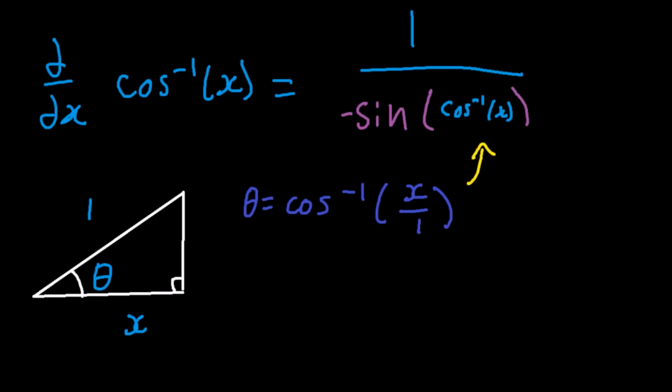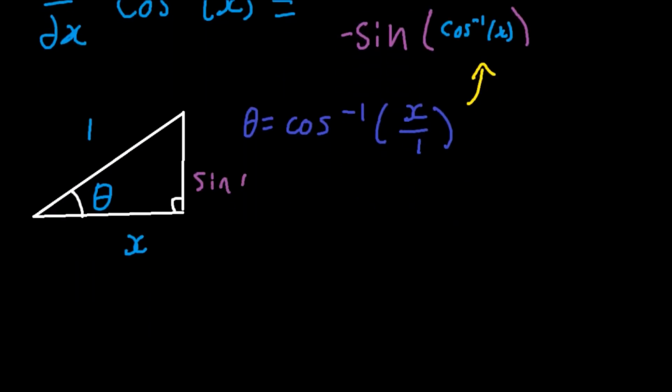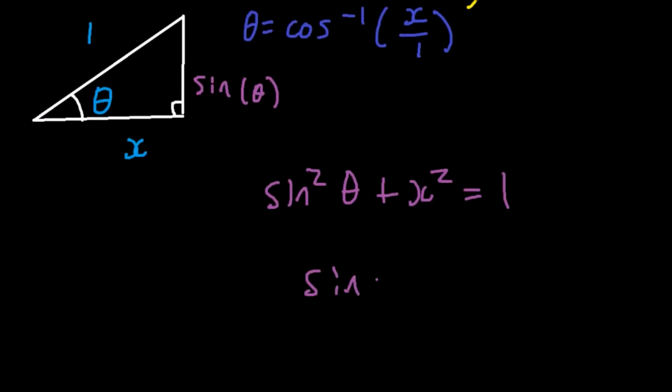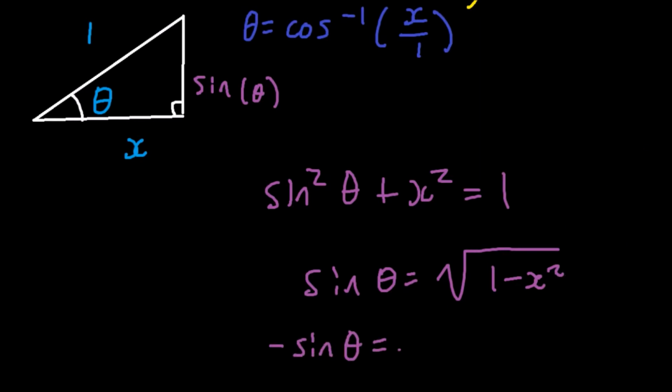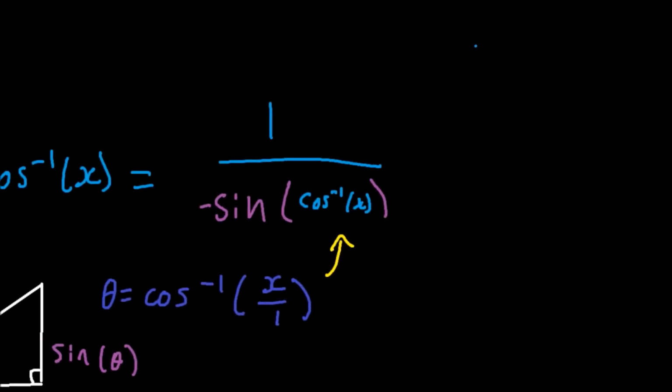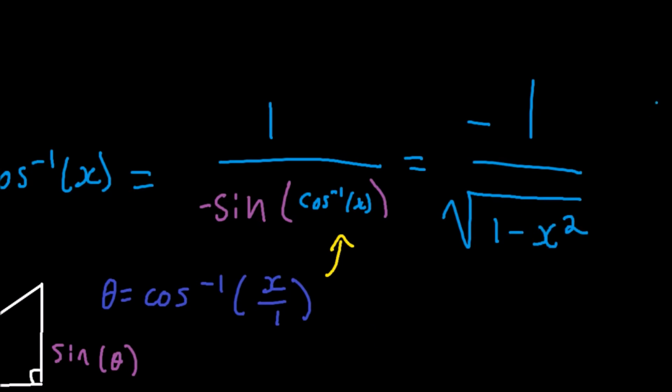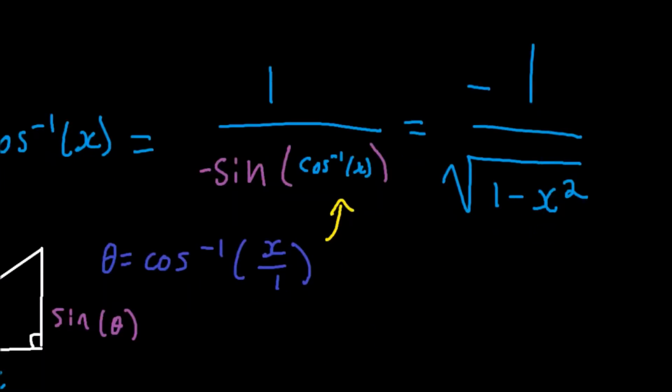Now the opposite side is sine theta, and solving it using the Pythagorean theorem leads us to the fact that the sine of theta is the square root of 1 minus x squared. Plugging this into the derivative, we get that the derivative of inverse cosine is negative 1 over the square root of 1 minus x squared.